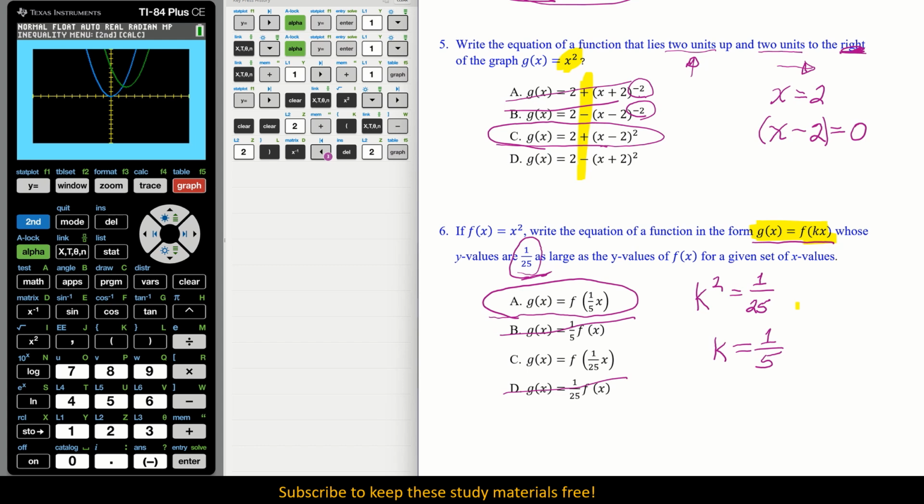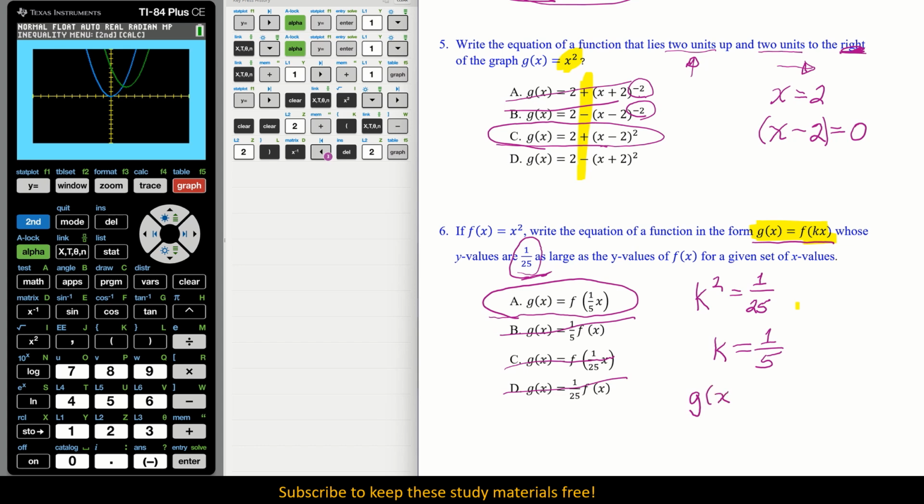Okay. Now, C is not a good form because it kind of mixes things. And let me show you what I mean. If we actually take our form and use it with the parent function, this is what we will get. We will get, let's call it g of x.